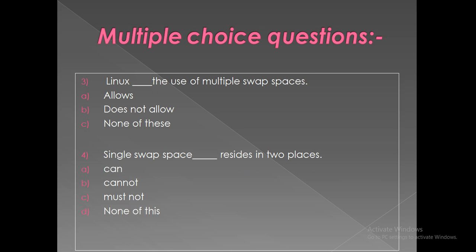Third: Linux allows, does not allow, or none of these, the use of multiple swap spaces; and a single swap space blank reside in 2 places: can, cannot, must not, none of these.